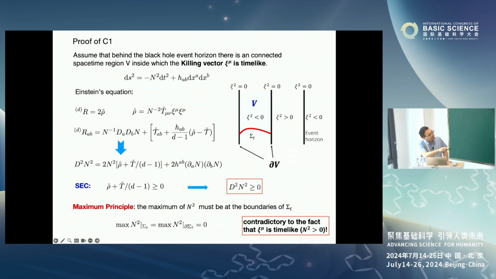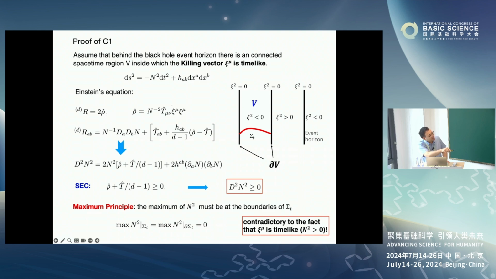R is the Ricci curvature for this spacelike surface, and rho hat is nothing but the energy density of the matter field. R_AB is the Ricci tensor on this spacelike surface, and the capital D is the covariant derivative on this surface. It has this combination. T hat AB is the spatial component of the stress-energy tensor.